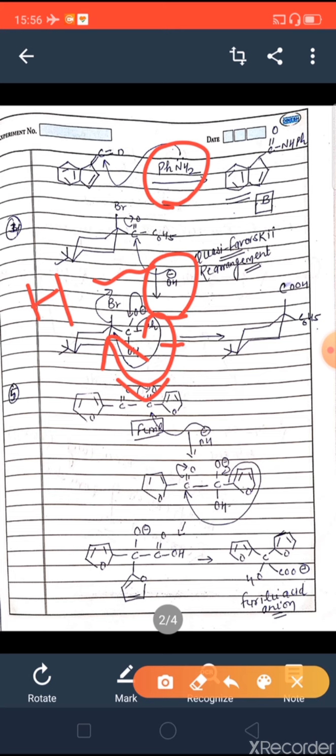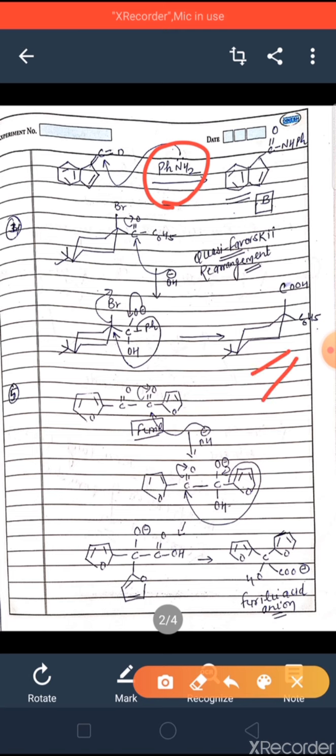When the product has been synthesized, the C6H5, the phenyl group, will be at the equatorial position, and the new carboxylic acid group will be at the axial position. This is the stereochemistry, which is a very important part of this reaction. So basically this is a quasi-Favorskii rearrangement reaction in which this particular acid will be synthesized.